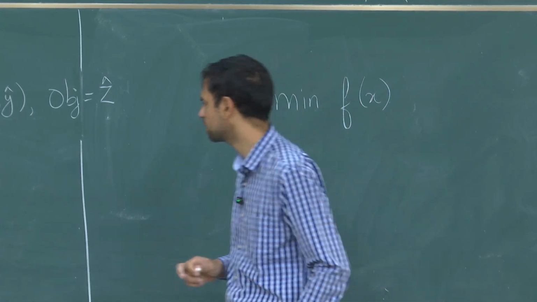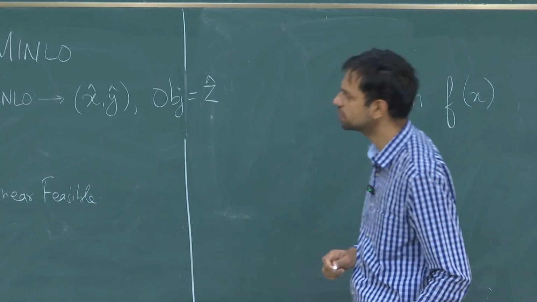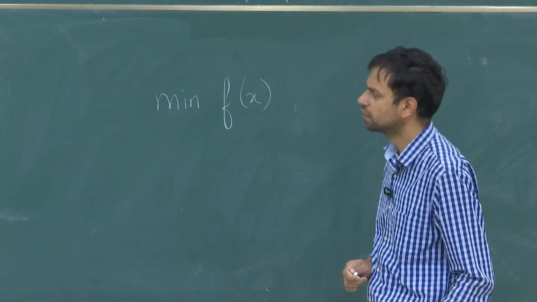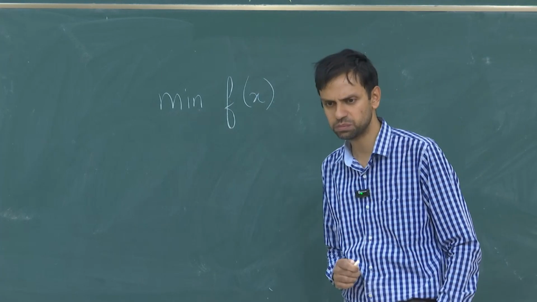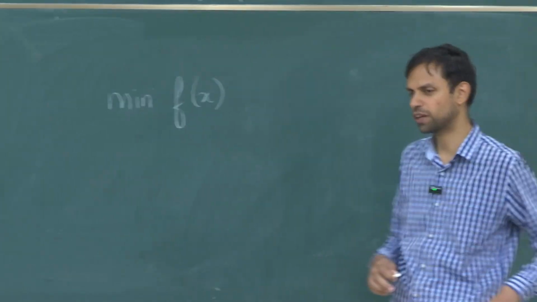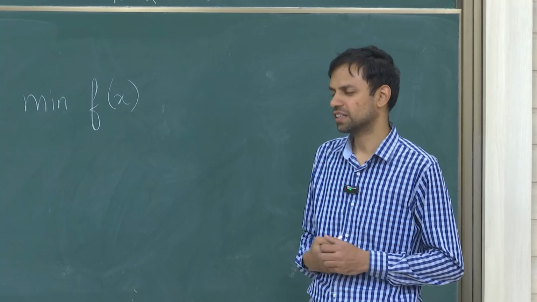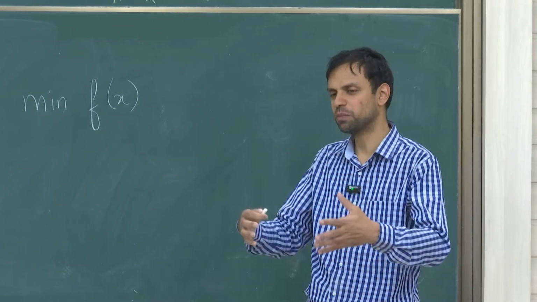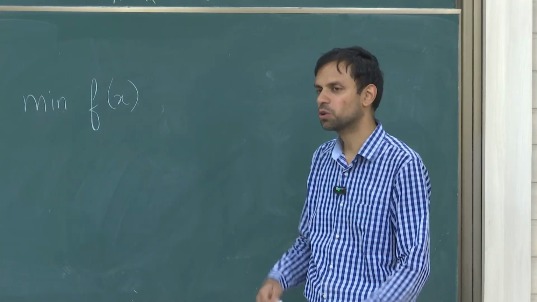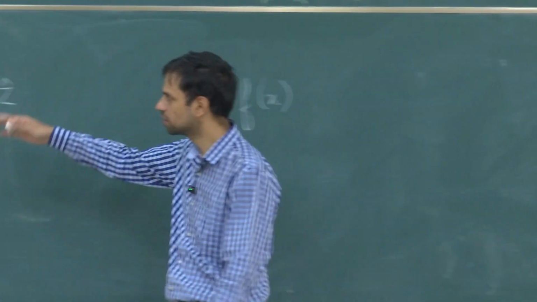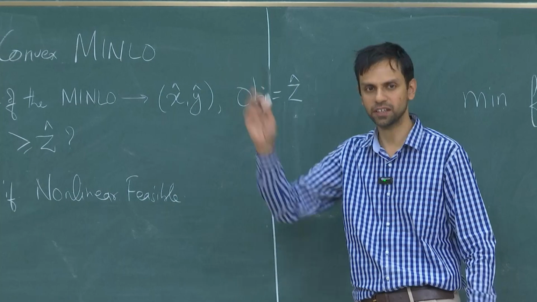As I said, the biggest advantage of this method is that you can implement it really fast. Okay. So if I told you that let's have a MINLP solver by the end of today, your best bet is to implement this algorithm rather than anything else.